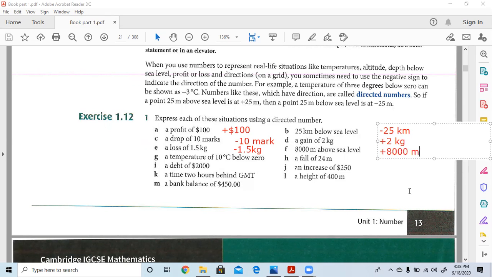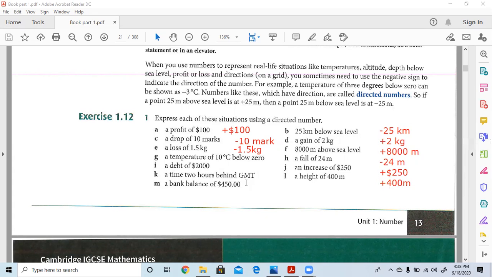Next is a fall of 25 meters. Next is an increase to $50. Increase means plus, so I write here +$50. Now the next one is a height of 400 meters. Height means above, so +400 meters.